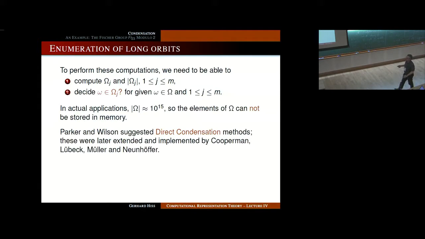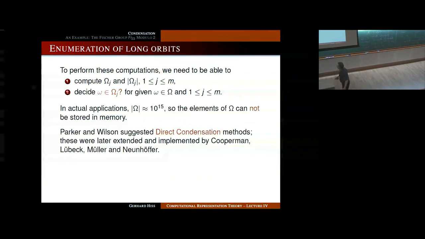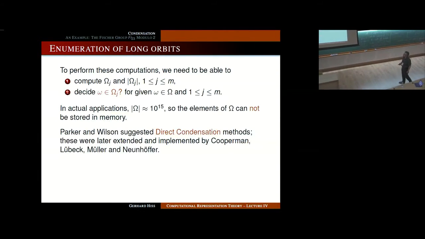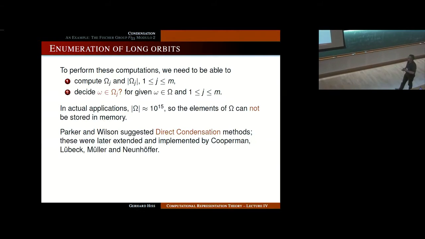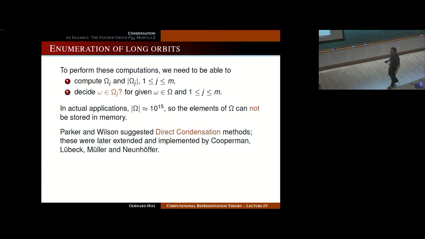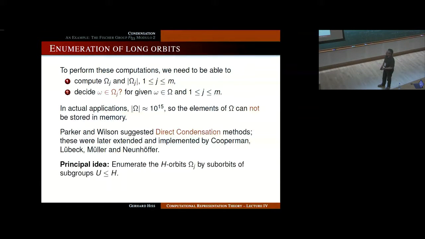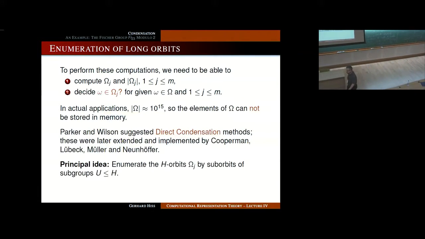Well, again, Parker and Wilson suggested what they call direct condensation methods, and these ideas were later expanded by many people, among others Frank Lübeck, Jürgen Müller, Max Neunhofer, and Gene Kuberman. And the principal idea is the same as in Heiko's talk, isn't it?